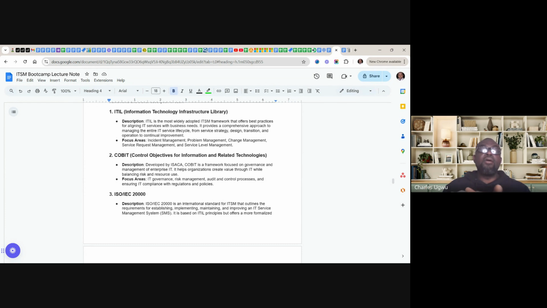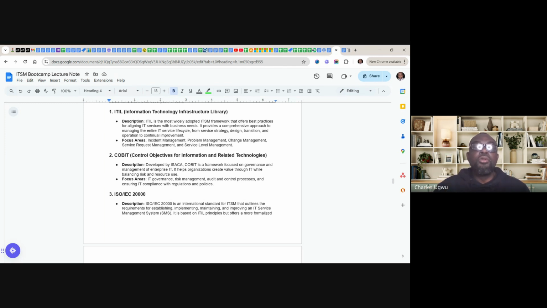But here we are only going to focus on ITIL because it is the most widely adopted. And the time frame and scope will not permit us to capture full details of how you can use other frameworks like COBIT. So we just talk about them briefly. If you want to know more, you can go and read them up. We're just going to introduce them to you.